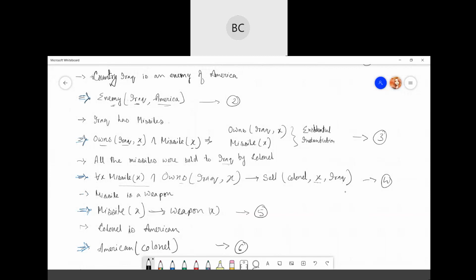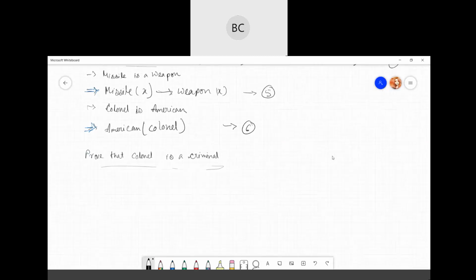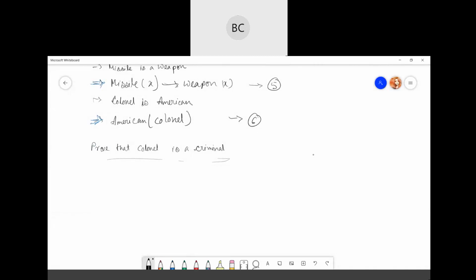Okay. Now what happens in forward chaining? We need to prove Colonel is a criminal. Let's see forward chaining first.